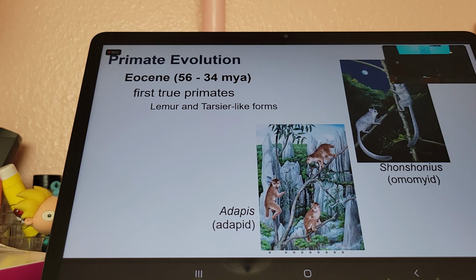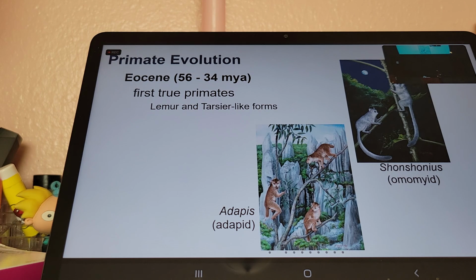We'll move on to the Eocene, and this is where we have groups that are clearly primates. They have grasping hands, grasping feet. We have post-orbital bars, so you're getting that clear orientation to vision.